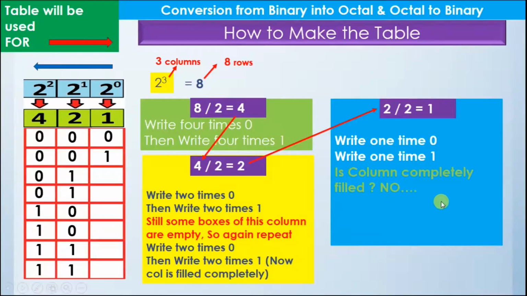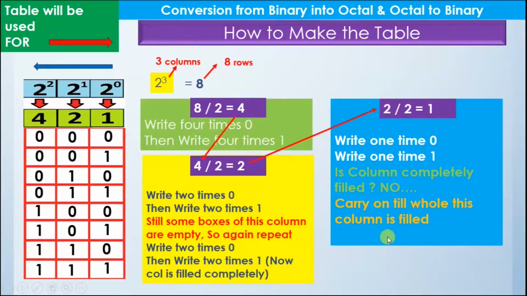No, the column is not completely filled. So we will carry on till the whole column is filled. Again write 1 times 0, then 1 times 1, then again 1 times 0, then 1 times 1, again 1 times 0, and then again 1 times 1.